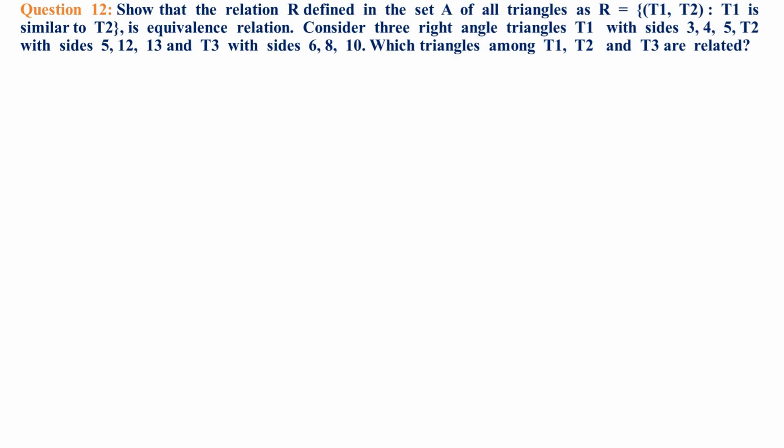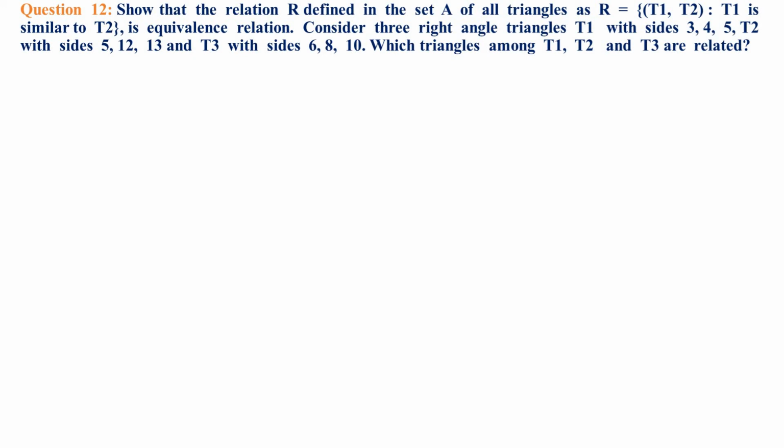Okay, next question number 12. Show that the relation R defined in the set A of all triangles as R = {(T1, T2) : T1 is similar to T2} is an equivalence relation.